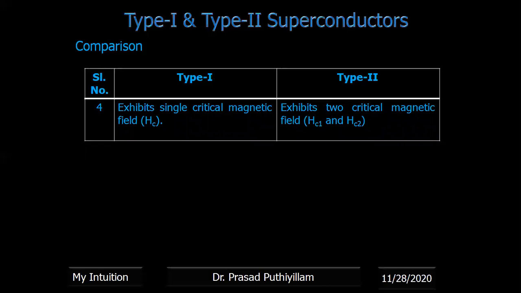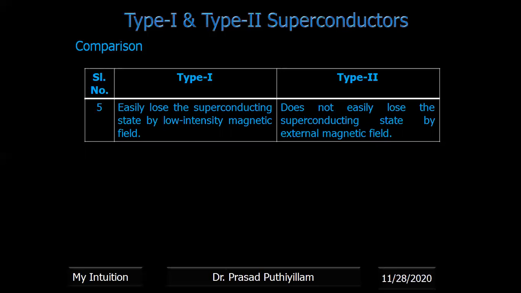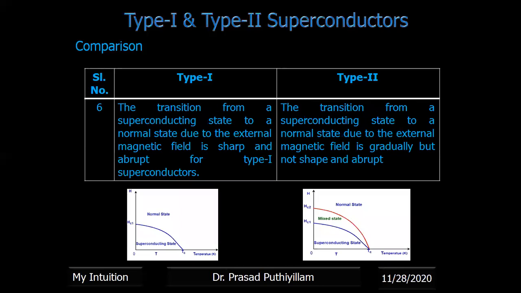Type 1 exhibits a single critical magnetic field, which we call Hc, whereas type 2 shows two, Hc1 and Hc2. Type 1 easily loses the superconducting state with a low intensity magnetic field, but type 2 does not lose it so easily.